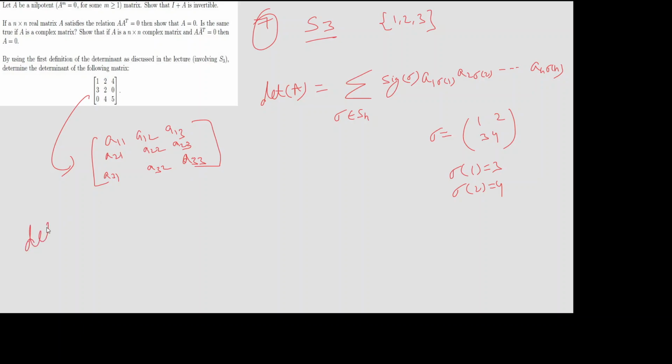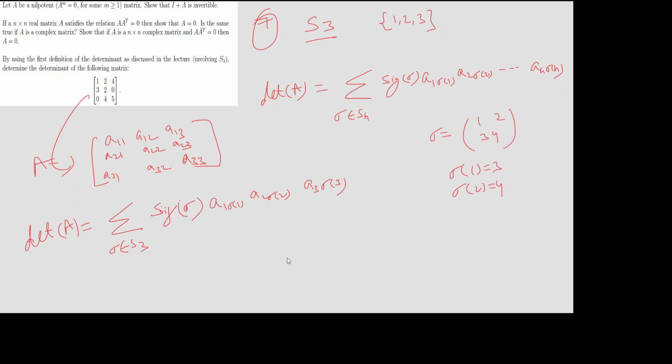So the determinant of this matrix A is basically the summation over sigma in S3 of the sign of sigma times A of 1 sigma of 1, A of 2 sigma of 2, A of 3 sigma of 3.